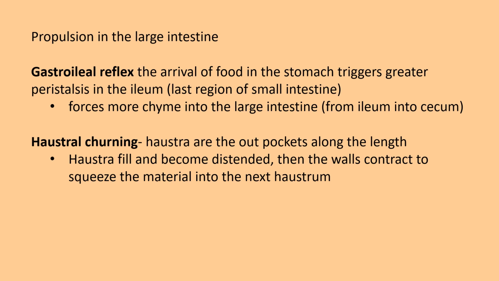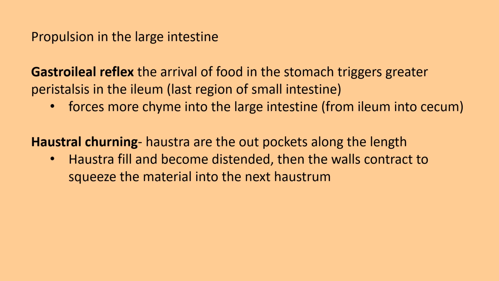Propulsion refers to, well, what's going on with the muscularis in order to move the contents of the tube downstream or toward the rectum. So the first type of propulsion we see here is called the gastroileal reflex, and it's a reflex. It's an enteric nervous system reflex, meaning there's a stimulus and then there's a response.